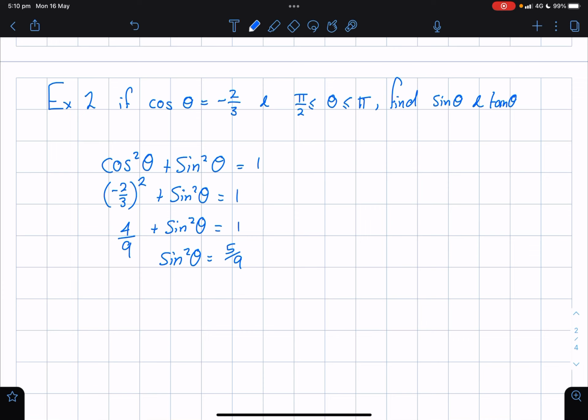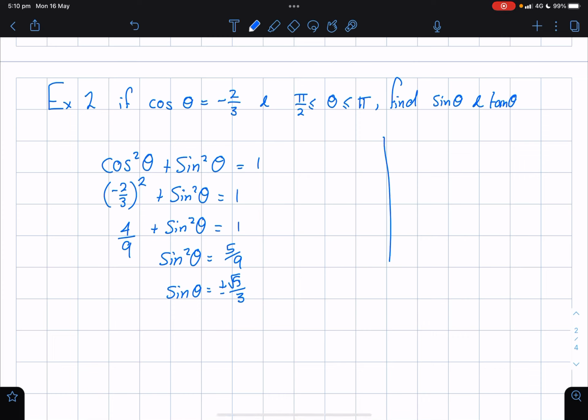Now, sine theta equals plus or minus root 5 over 3. But remember, in the first example we didn't have any constraints. Now we actually have some constraints. If we're looking at the interval pi/2 to pi radians, that means quadrant 2.